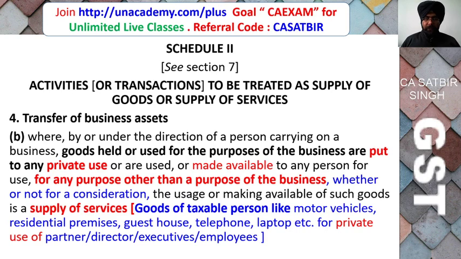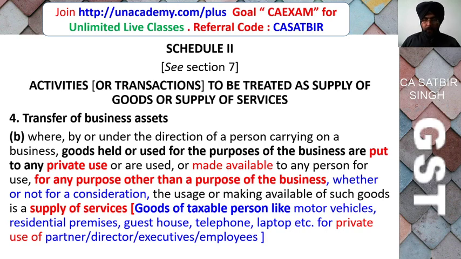Then there is sub-clause B, whereby or under the direction of the person carrying on a business, goods held or used for the purpose of the business are put to any private use or are used or made available to any person for use for any purpose other than a purpose of the business, whether or not for consideration.